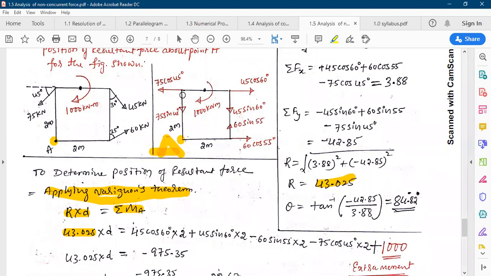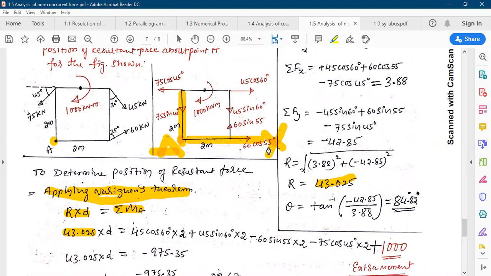If I look at this force, it is passing through the moment center. Similarly, this force is also passing through the moment center. So this will not create moment, and this will not create moment. Let us neglect these two components and consider the remaining components for the moment calculation.